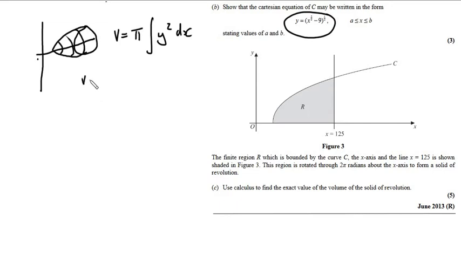So we get V equals pi times the integral of (x^(2/3) minus 9) all to the power of 1/2, with respect to x.